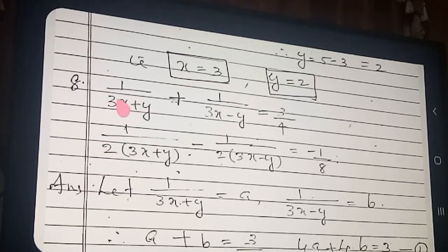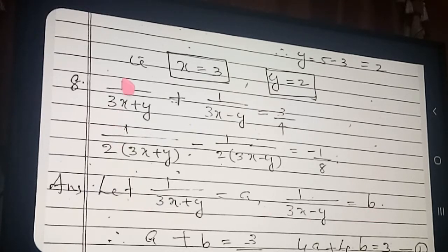See here. This equation full and this equation also full. What is common in both the equations? Here 1 by 3x plus y is there. Here also 1 by 3x plus y is there. So 1 by 3x plus y we have taken as A. Clear? Here 1 by 3x minus y, here 1 by 3x minus y is there. So we have taken that as B. Following now?